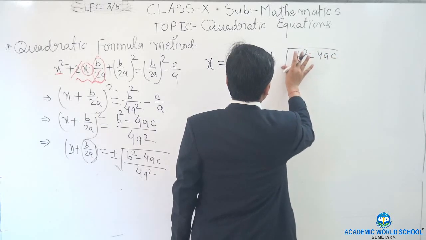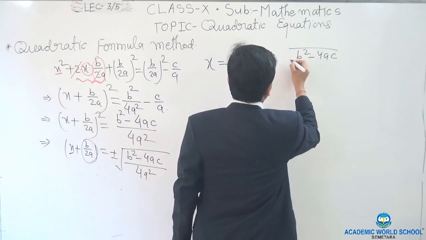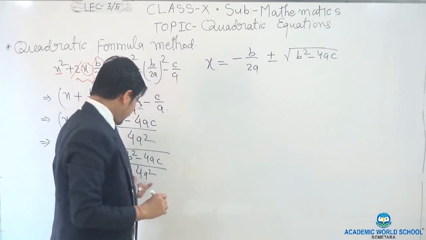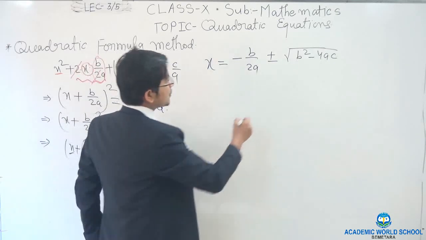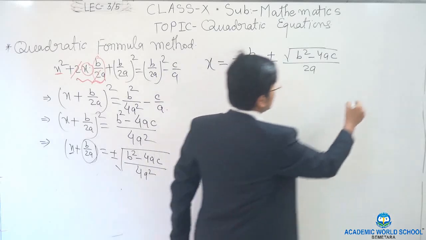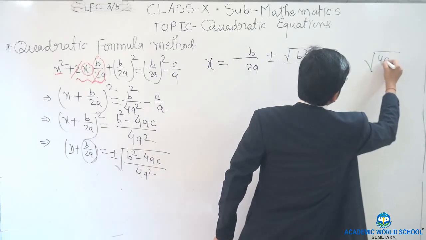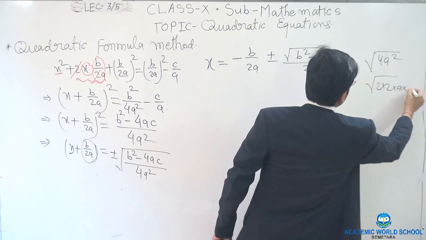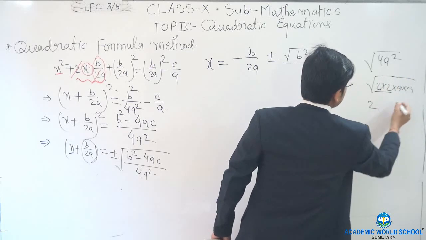Okay. So now what I can do is, this is 4a square. So 4a square, I am going to take this outside. So this will be 2a. The square root of 4a square, if I write 2 into a into a, so 2 is coming outside, a is coming outside.